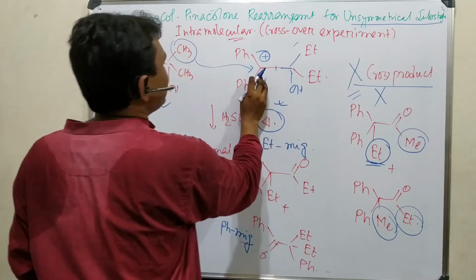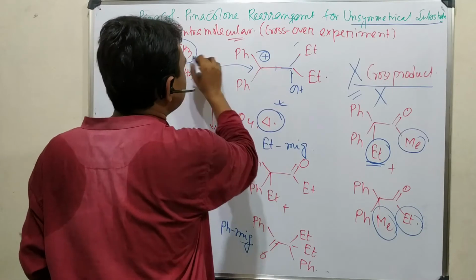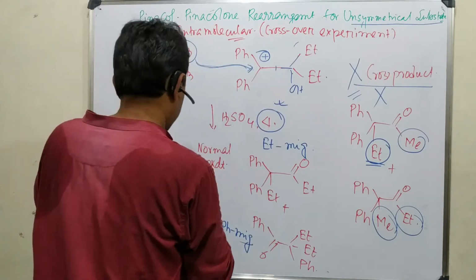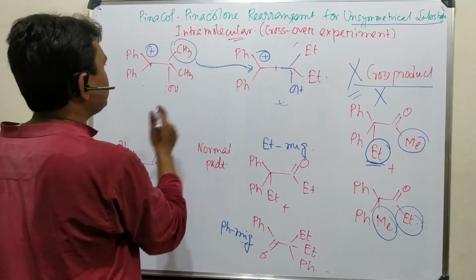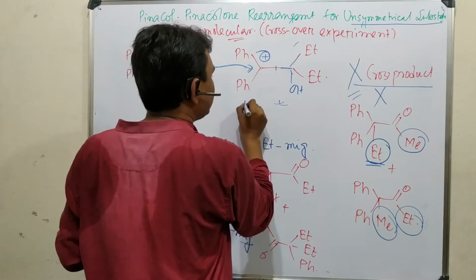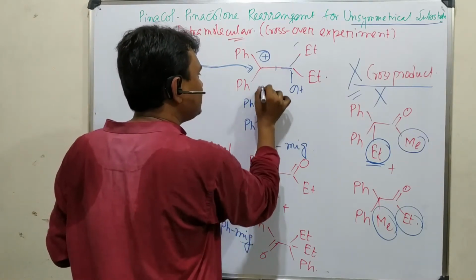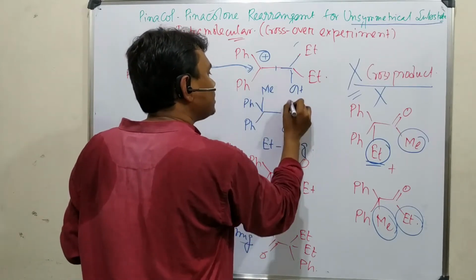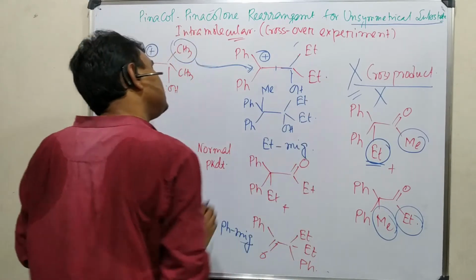So if it is, then this methyl is migrating. So here, what will be the product? If methyl is migrating, then here there will be Ph methyl, and here OH, Et, fine.